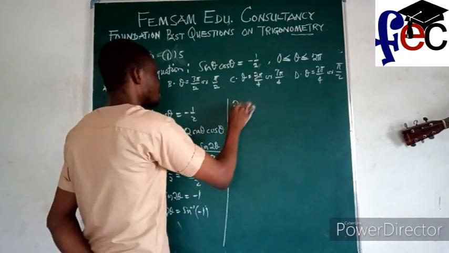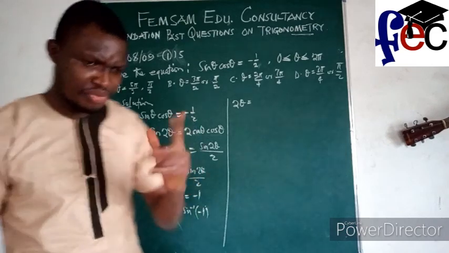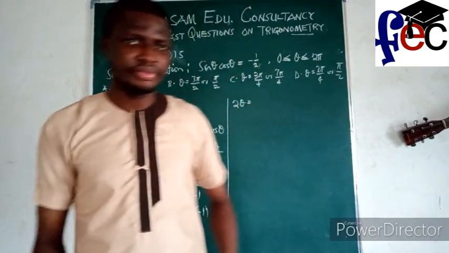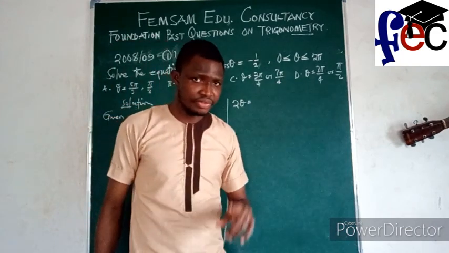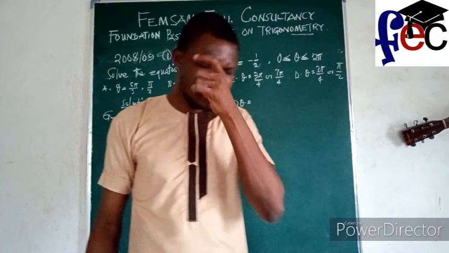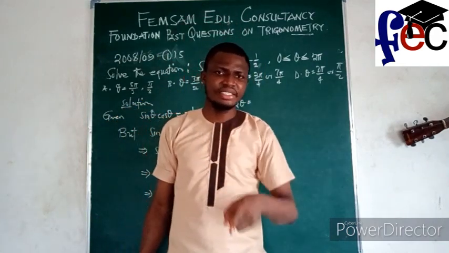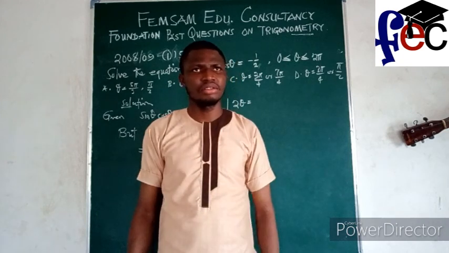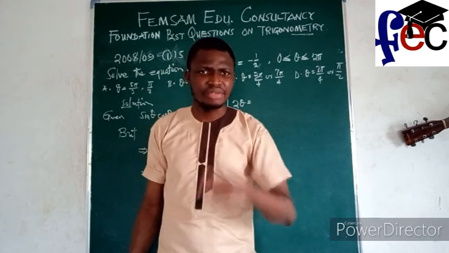I have 2 theta equal to... So sine of what will give me minus 1? In what quadrant is sine negative? You notice that it's in the third and the fourth quadrant. So that will be lying along the boundary, because I do know that sine 90 degree is 1.